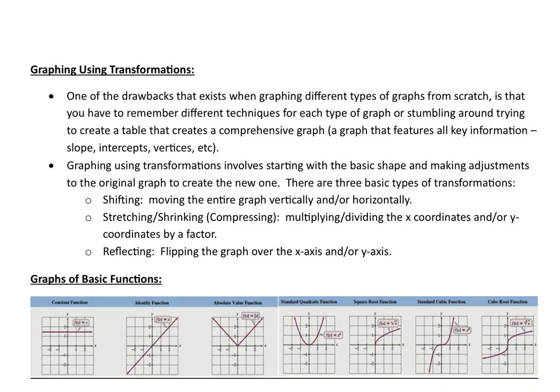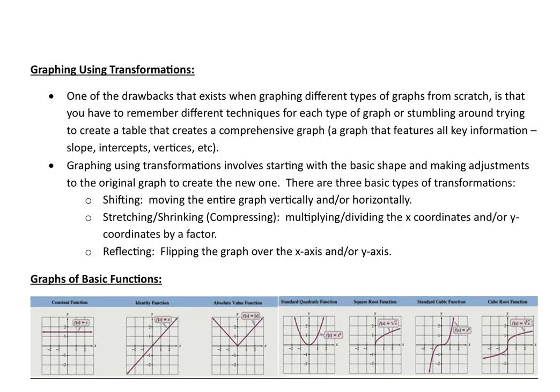All right, so one of the drawbacks that exists when graphing different types of functions from scratch is that for each type of function, you have to remember lots of different techniques. Or we have to create tables, and we have to do a lot of computations.